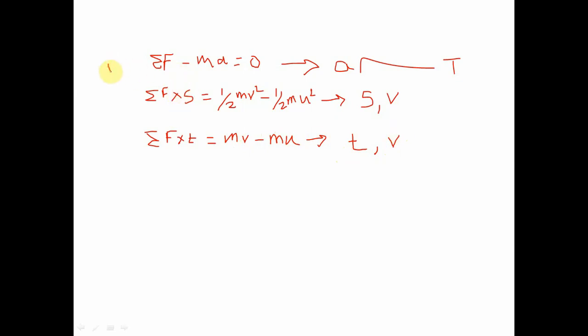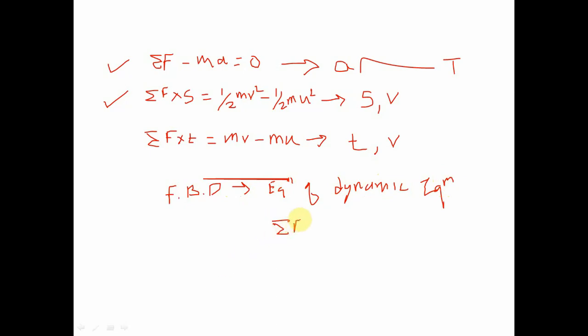So we have seen the D'Alembert principle as well as the work energy principle. In those, first we have to draw the free body diagram of the body. The next part, we have to apply the equation of dynamic equilibrium, and at the last we have to calculate the net force.